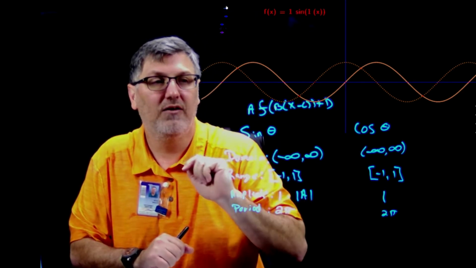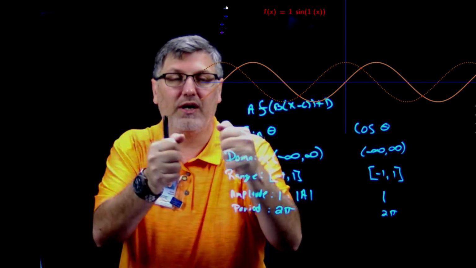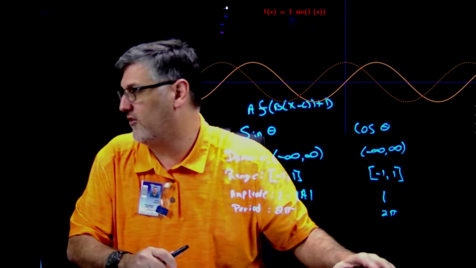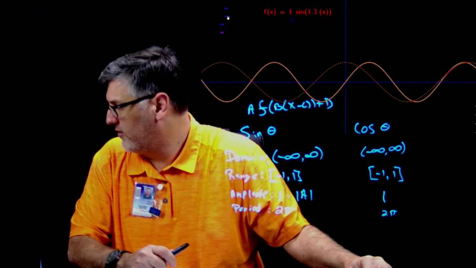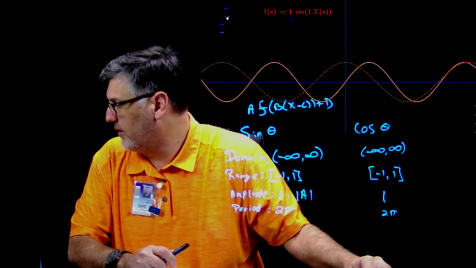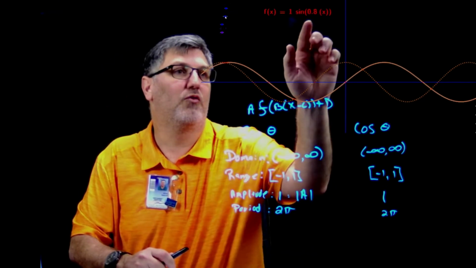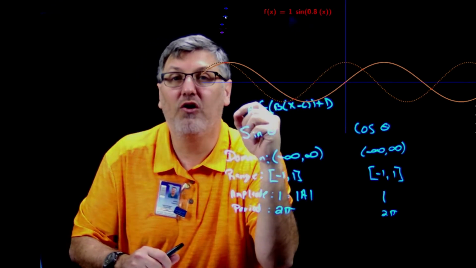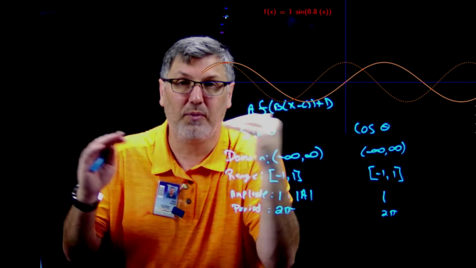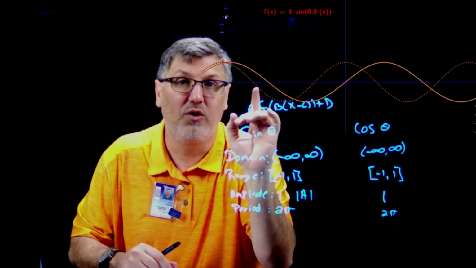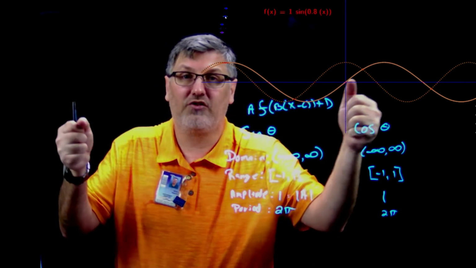My B is going to be a horizontal stretch or shrink. But this is going to be opposite of what you think. When I move B, as my numbers are between -1 and 1 and not 0, because 0 makes it a straight line, the wave is actually getting stretched out.